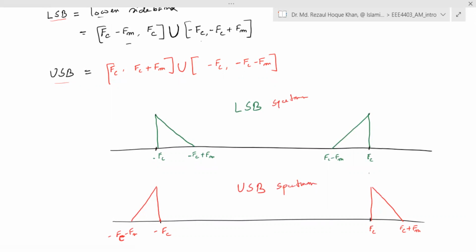Okay. So now, because we know the lower and upper sideband individually, we can choose for SSB, single sideband, which one, upper sideband or lower sideband, to be passed.